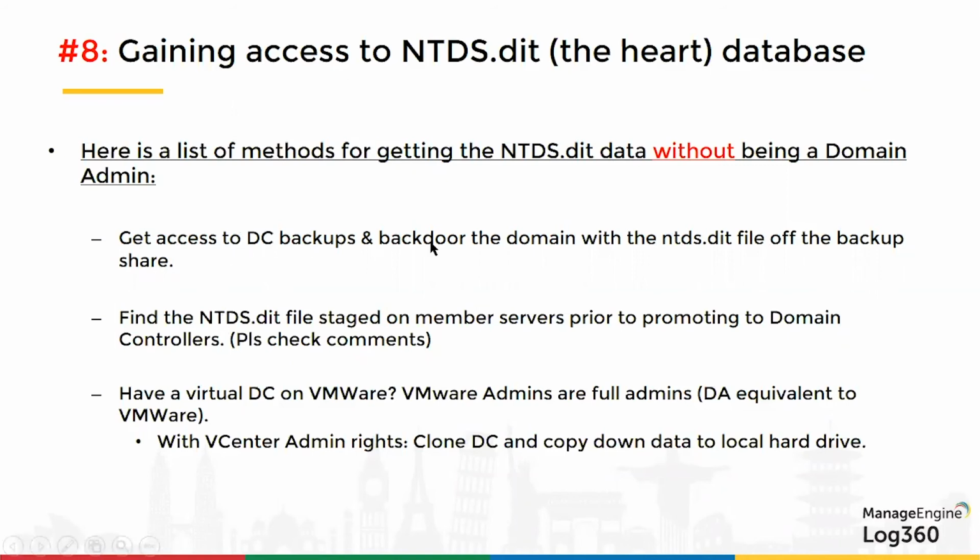Domain controllers are backed up, and those DC backups can be leveraged to get copies of the ntds.dit files, because these backups are typically stored on a backup share, and any user with access to the share can simply take the ntds.dit file and extract it for passwords. And if you have your DCs hosted on a virtual machine, you can clone that DC and copy the data down onto a local hard drive.